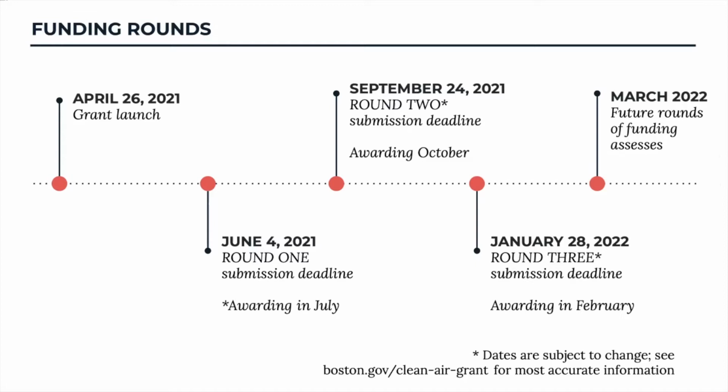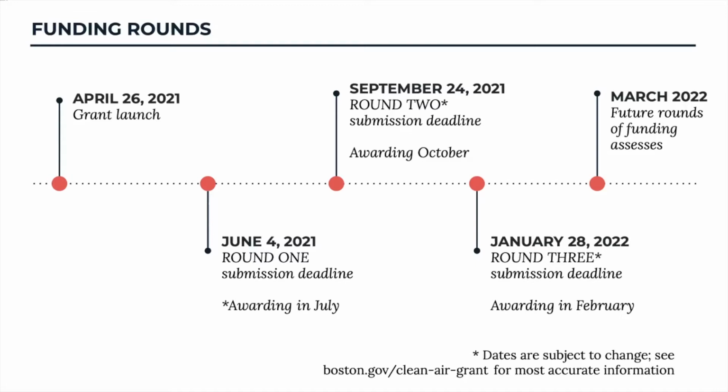So again, an example, if you submitted it for this round 1 submission deadline by June 4th, and your proposal wasn't selected, we will lump it in with the round 2 submissions and review it again. So essentially, your application is valid for 1 year from your submission date.